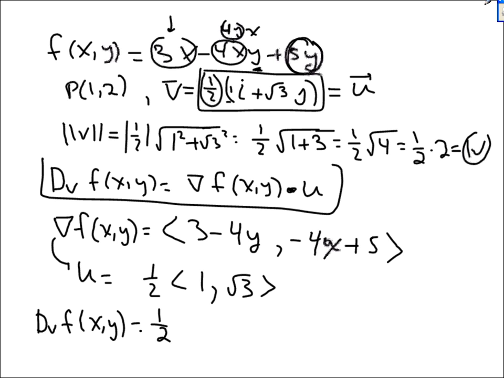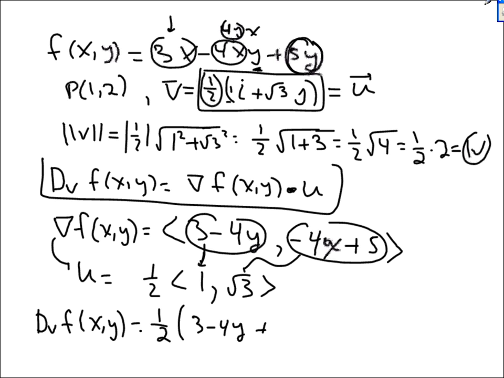Well, the half comes along for the ride. We multiply this by 1, and of course we get that, plus we multiply this by the square root of 3. The square root of 3 times negative 4x plus 5. And that would be the directional derivative of the function of x and y.